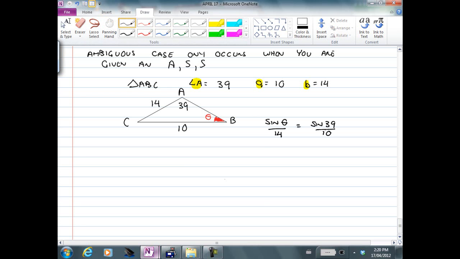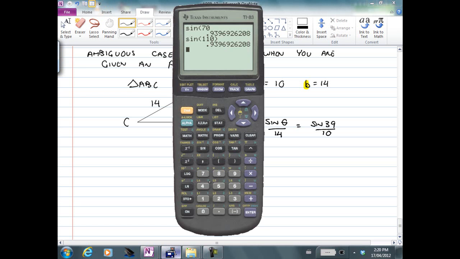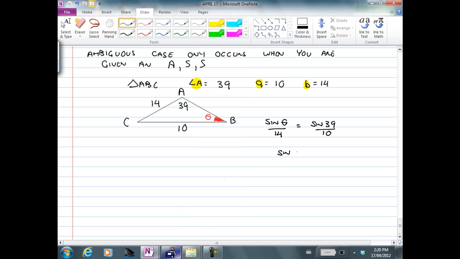Punch in your calculator right now. I'm going to just do it nice and simple. Sine 39 divided by 10 times 14. So a lot of you should have this: sine theta equals 0.881. Find theta.